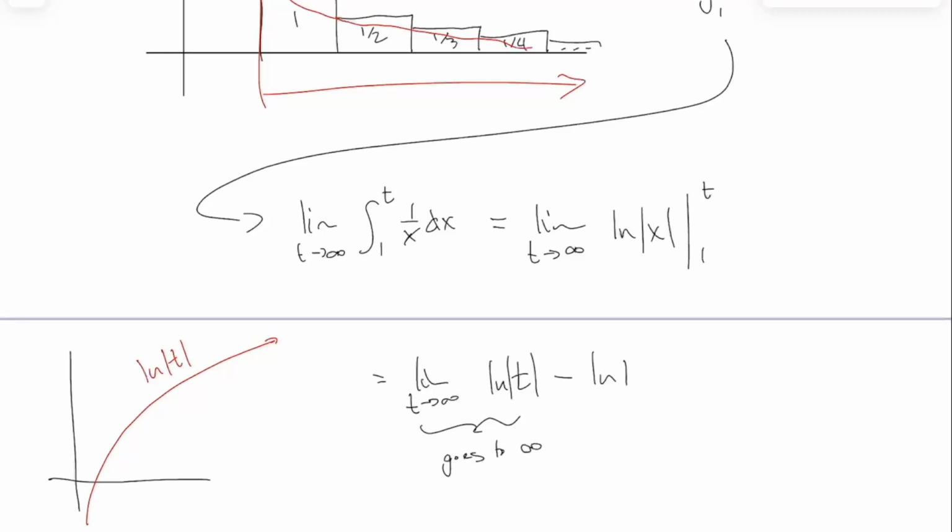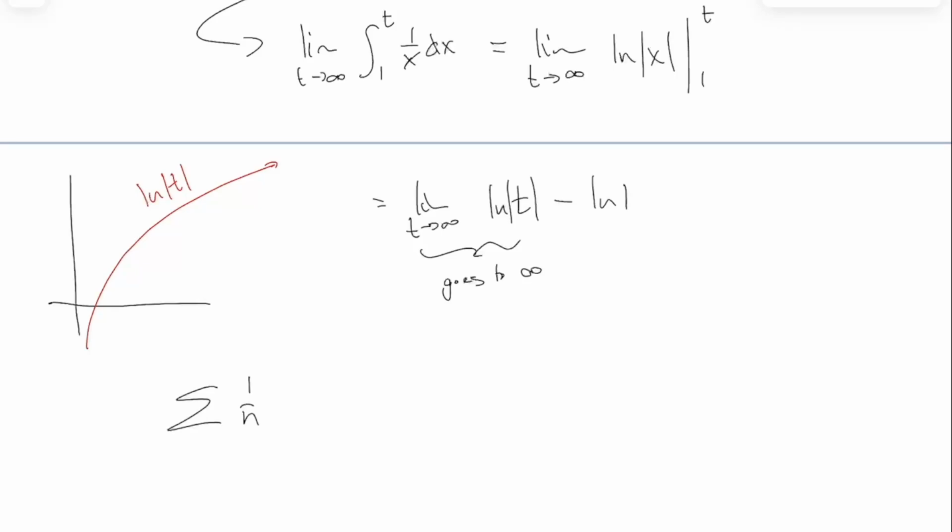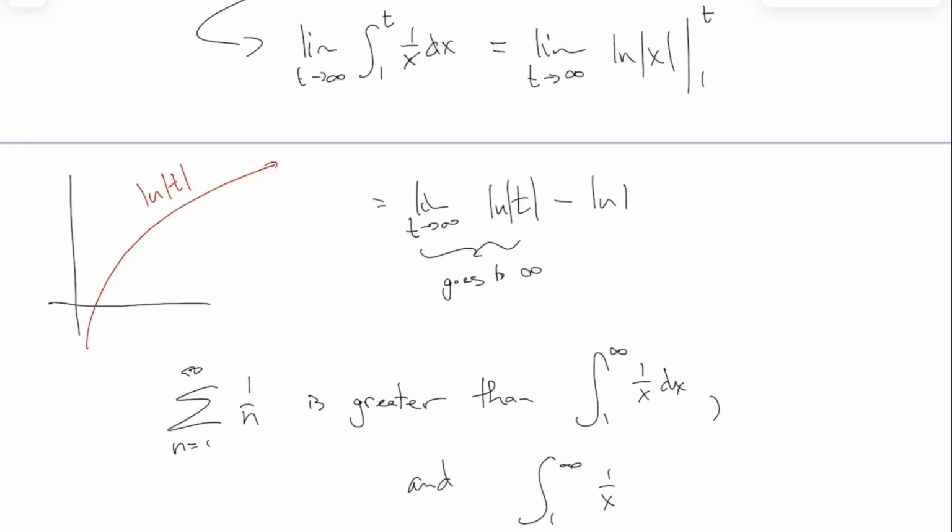So can we summarize everything that we said here? We said the series 1 over n is greater than the integral from 1 to infinity of 1 over x dx, and this integral actually goes to infinity.